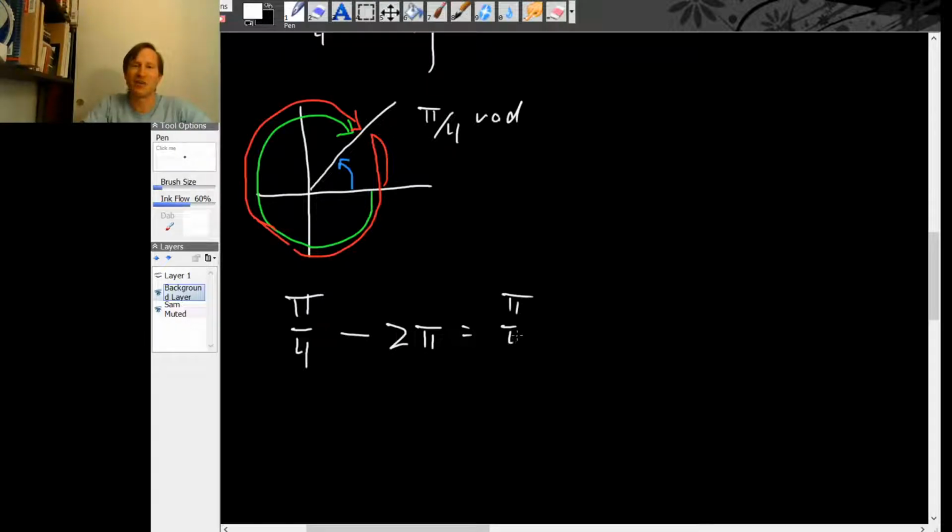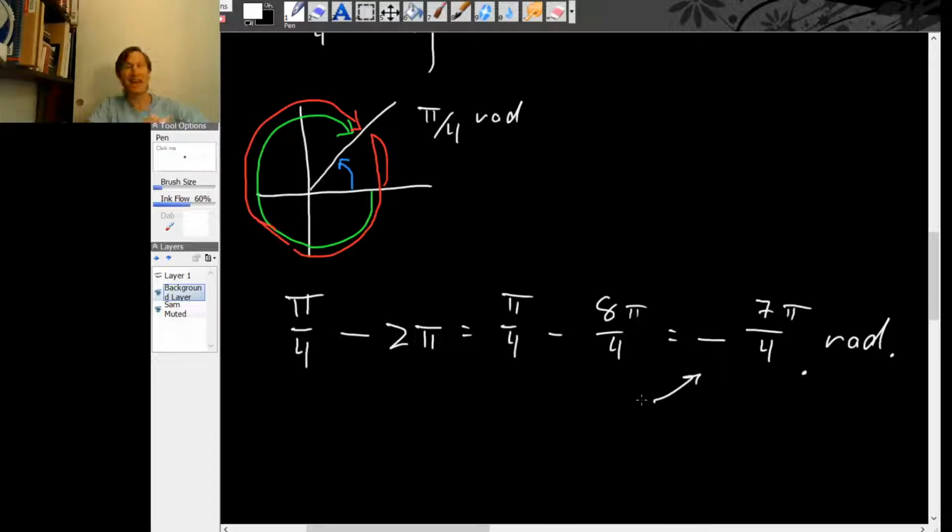So that's pi over 4 minus 2 pi, which is pi over 4 minus 8 pi over 4. And this is negative 7 pi over 4. And this is in radians. So it turns out that negative angles make perfect sense if you have an angle in standard position. A negative angle just means that you went clockwise instead of counterclockwise.